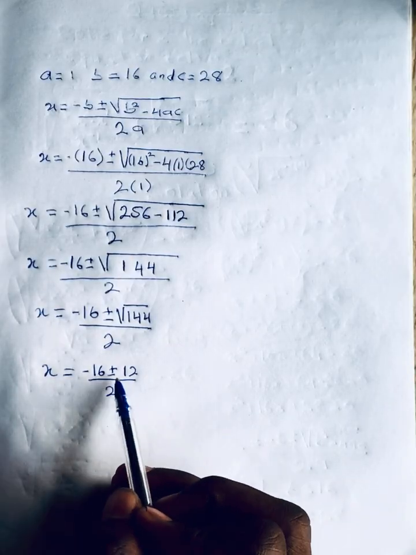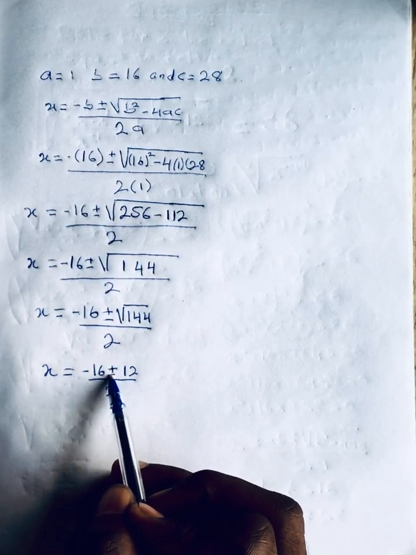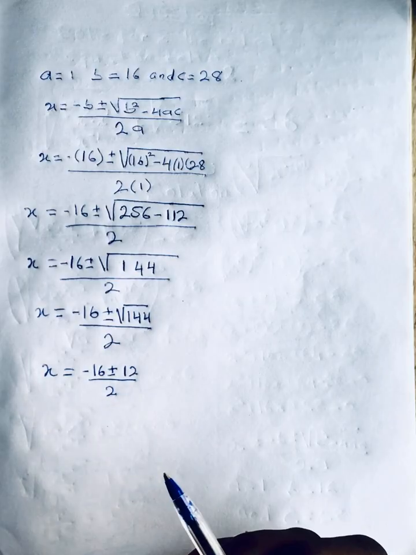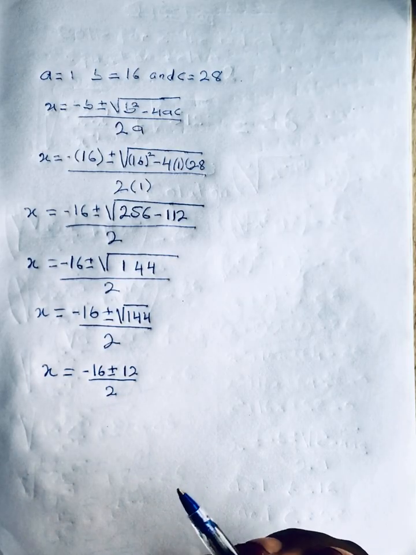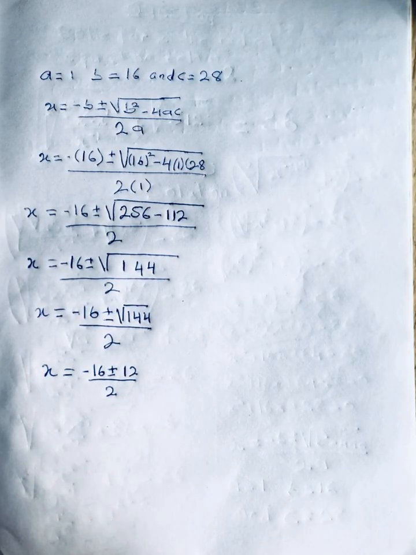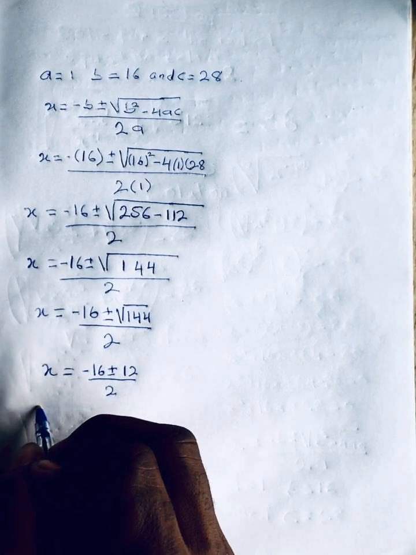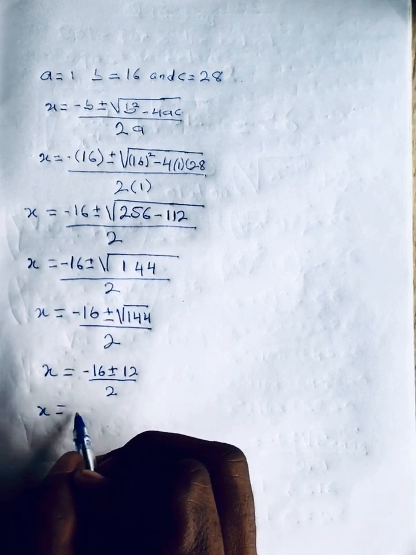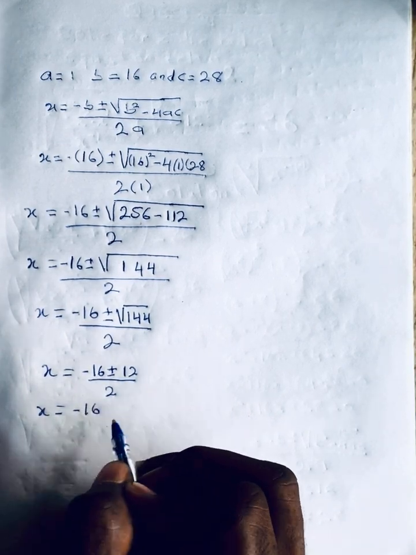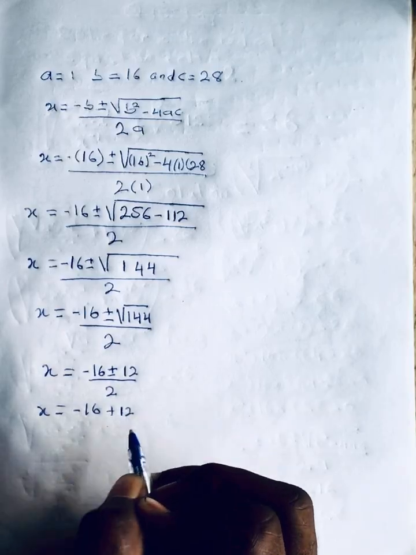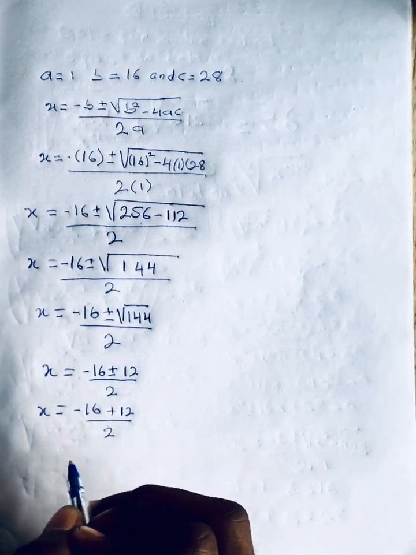Now we have two signs here. So let's try to take it one after the other. First, we are taking the positive one, which is plus. So it will be x is equal to negative 16 plus 12 all over 2.